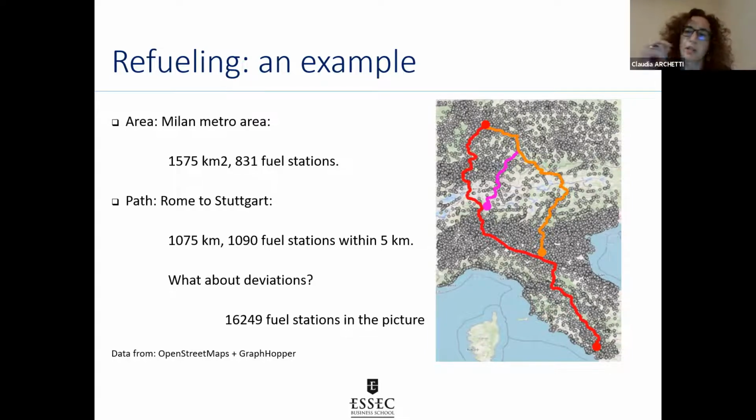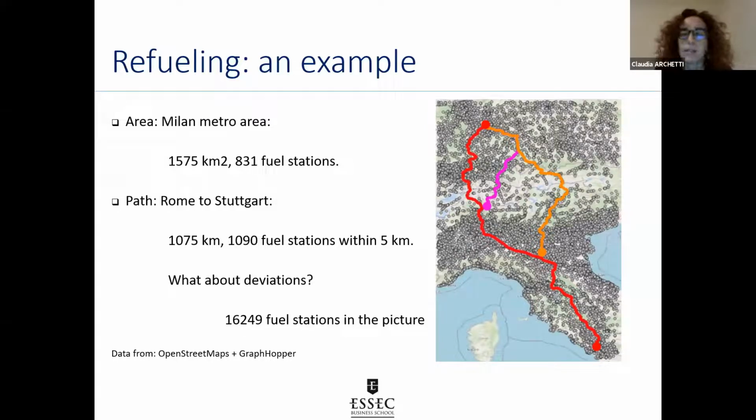And one of the main decisions that we have to make in this problem is, where do we want to stop to refuel? So what is the best path from origin to destination? And along this path, where do we want to rest and where do we want to stop for refueling?